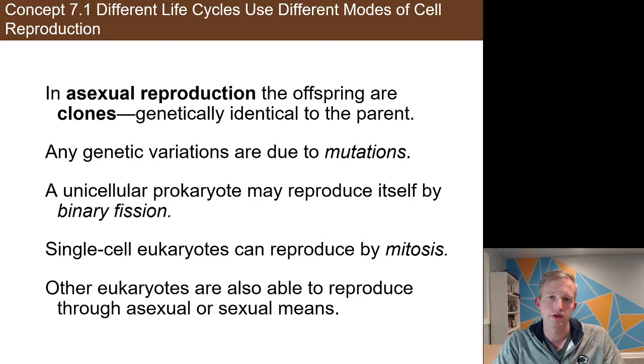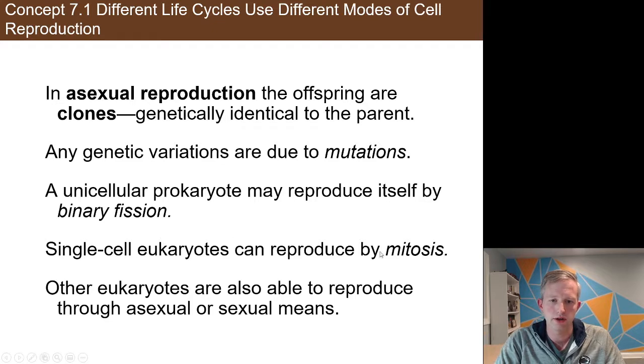However, it's important to note that there are still mutations. While we say that they're genetically identical with a little asterisk next to it, there's going to be random variation just due to the fact that replication of DNA is not a perfect process, and that's something we'll explore also in our genetics unit.